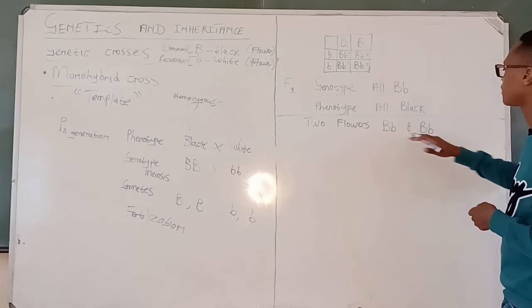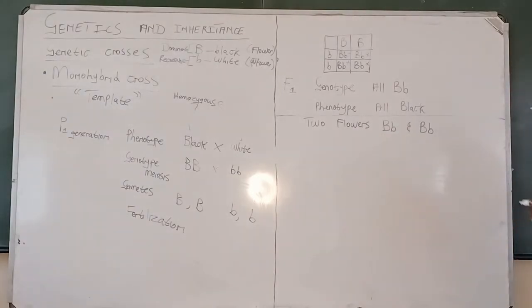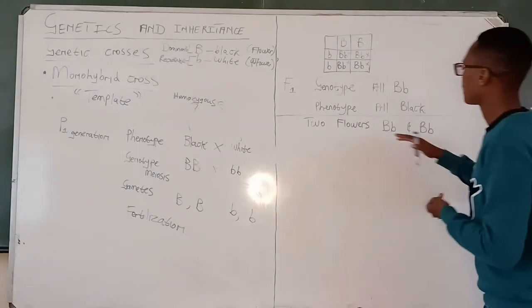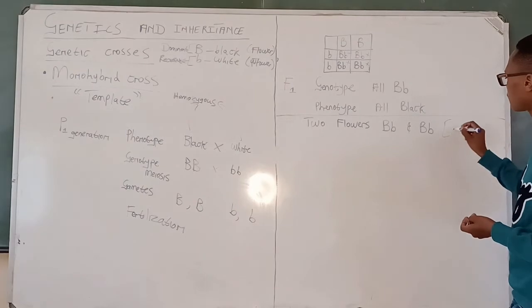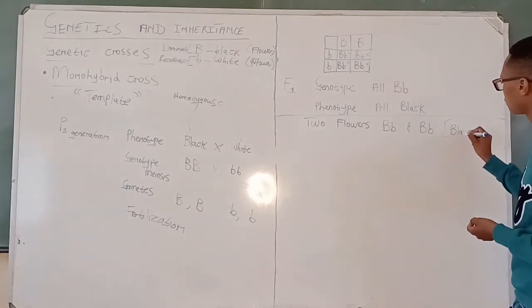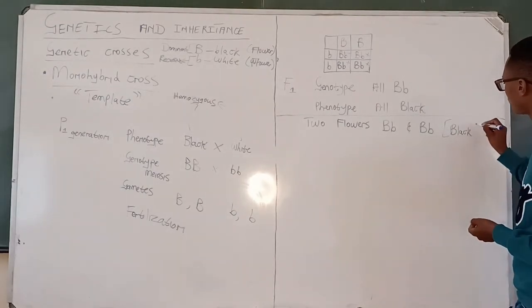So all of them have this genotype. And then obviously if they are like this, it means that they are black in color.